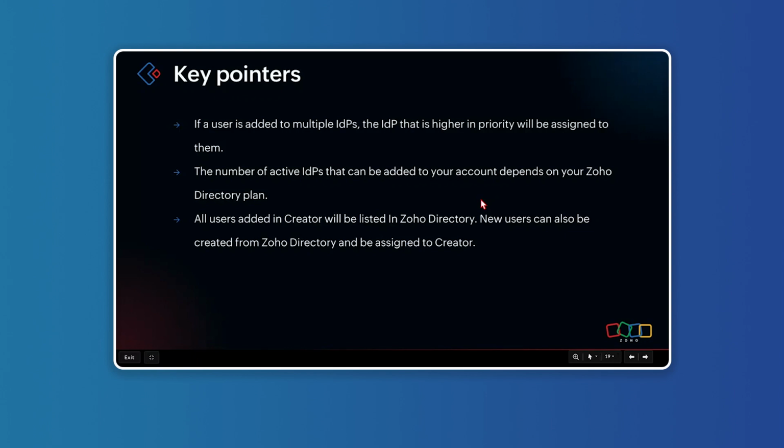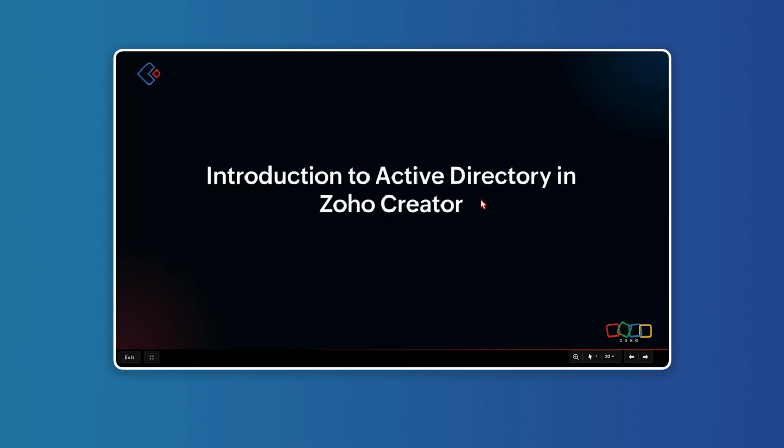All users that are being added in Creator will be listed in Zoho Directory as well. Now we'll be seeing that in the coming topic, which is Introduction to Active Directory in Zoho Creator.